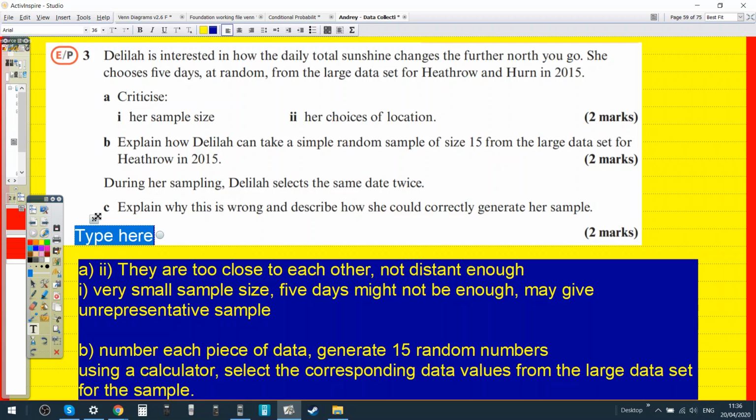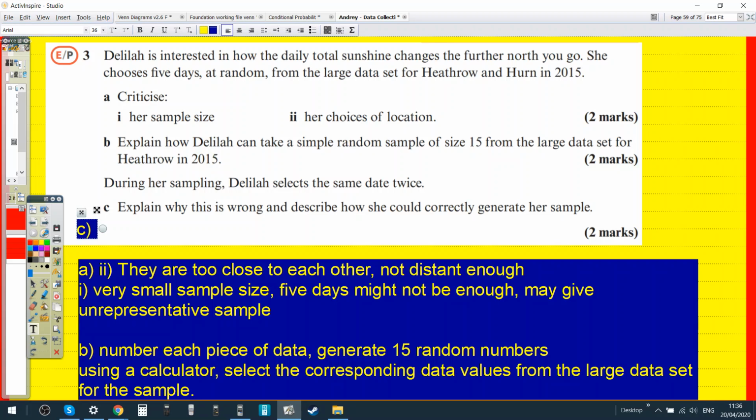So this is wrong because it'll give her the same sun. Is it wrong because it'll give her a different average because she's getting sunshine twice? Yeah, it's definitely wrong. Explain why this is wrong. I suppose it's effectively a smaller sample size, or a biased sample, or a skewed sample.